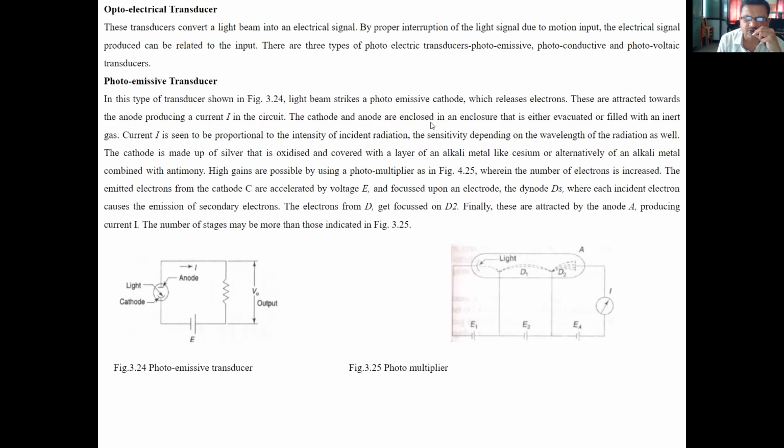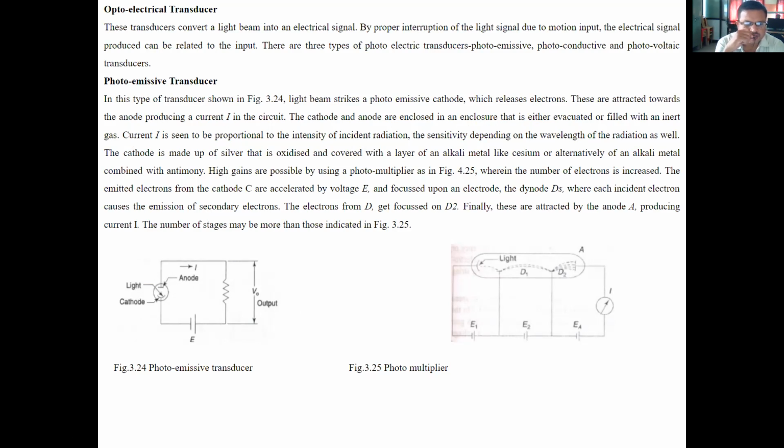The cathode and anode are enclosed in a chamber that is either evacuated or filled with an inert gas. Current I is seen to be proportional to the intensity of incident radiation, the sensitivity depending on the wavelength of the radiation as well.